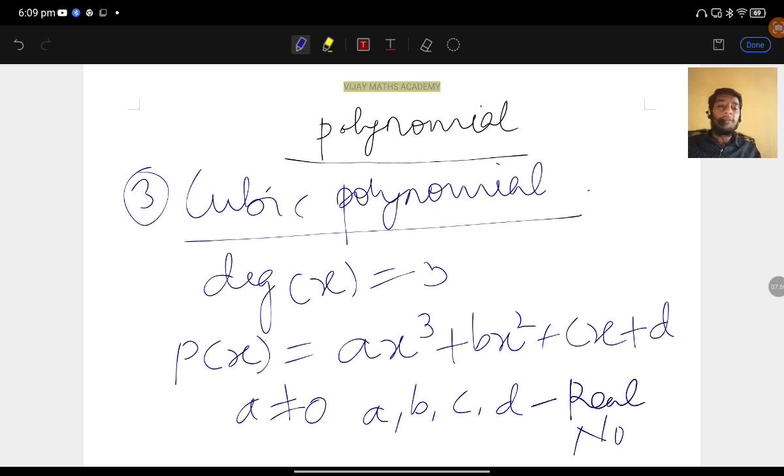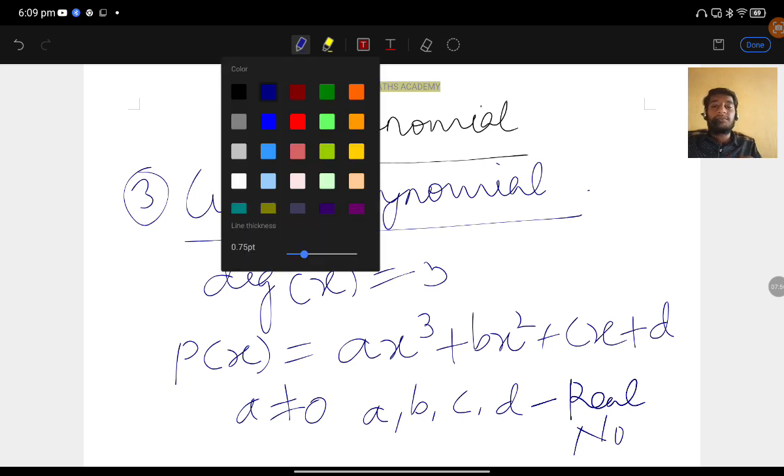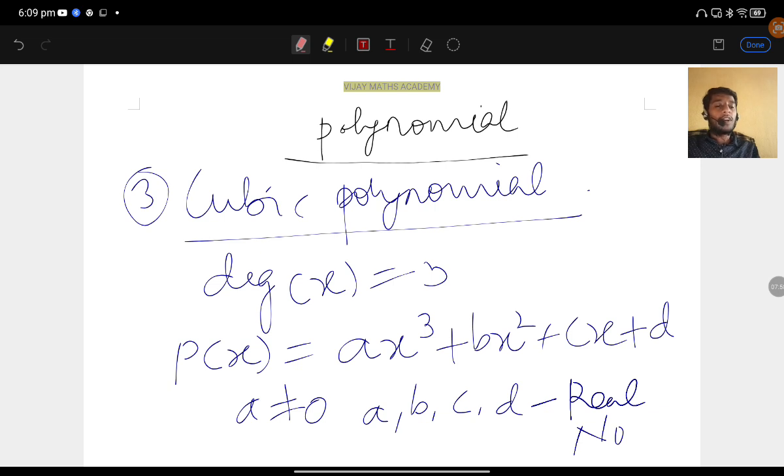Now in the same pattern you should differentiate the coefficients. So what will be d here? D is a constant term. What is c here? C will be the coefficient of x. What will be b? B will be the coefficient of x square. What will be a? A will be the coefficient of x cube.